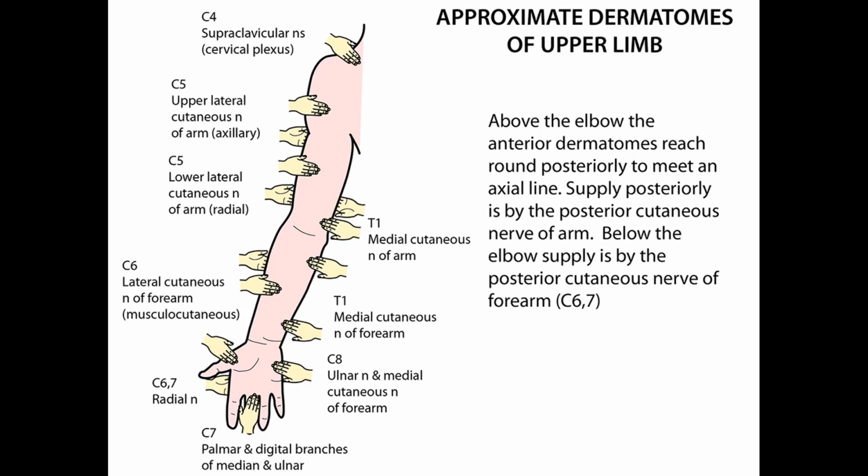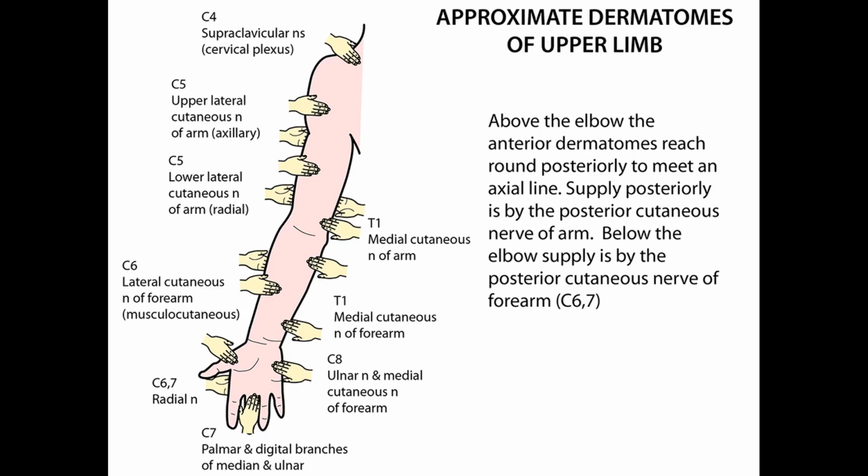Inferior to this, but well before the elbow, is the lower lateral cutaneous nerve of arm from the radial nerve, which is C5 also. Then when we come to the lateral side of the forearm, we have the C6 root, which is the lateral cutaneous nerve of forearm, and that comes from the musculocutaneous nerve.